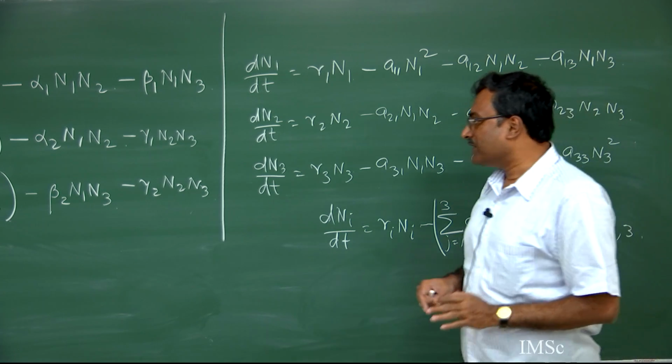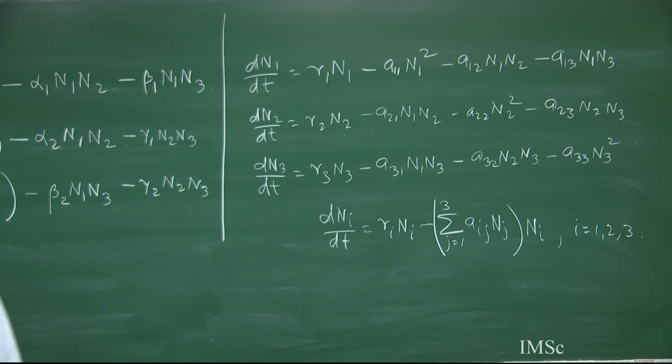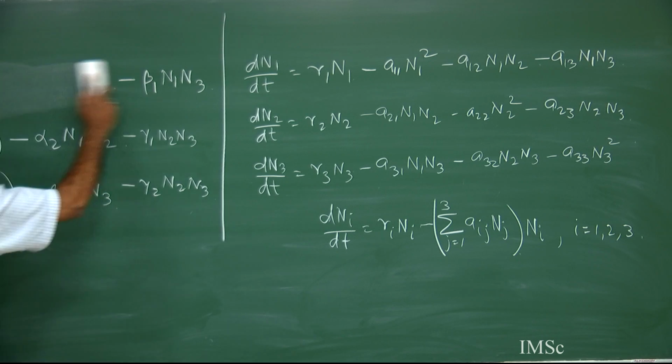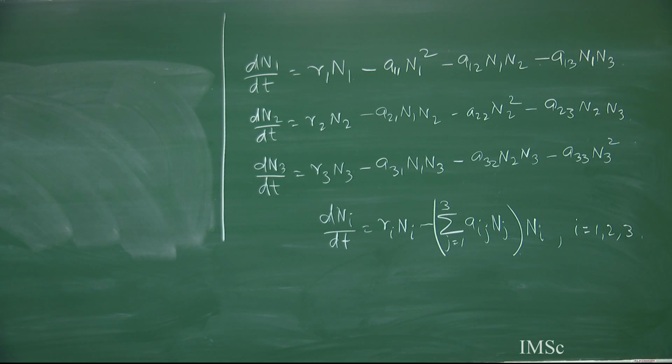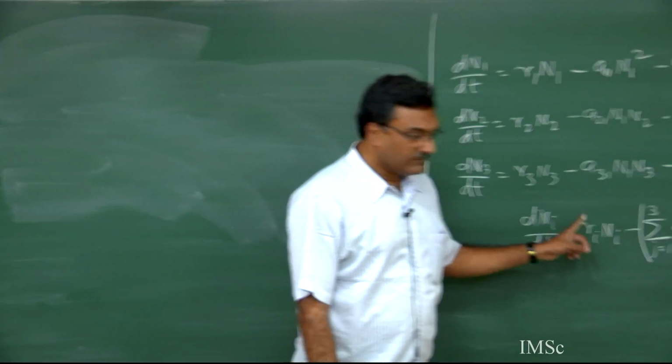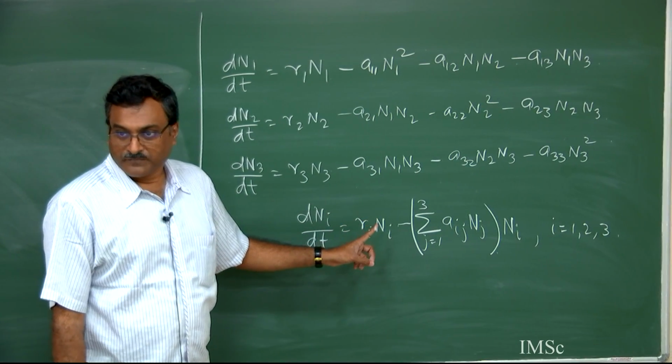But for the time being, consider the equations that must be solved to find the coexisting equilibrium point. We need that none of the ni will be equal to 0, right?